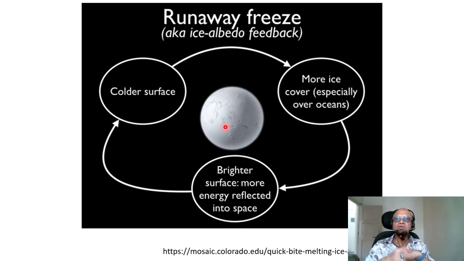And CO2 reduced in the atmosphere so much that you began to build ice and snow all the way into the lower latitudes, maybe even in the deep tropics and the equator as shown here.